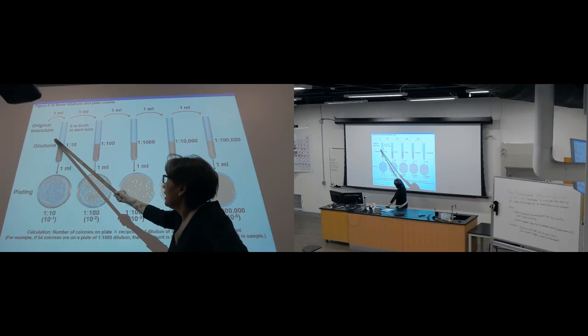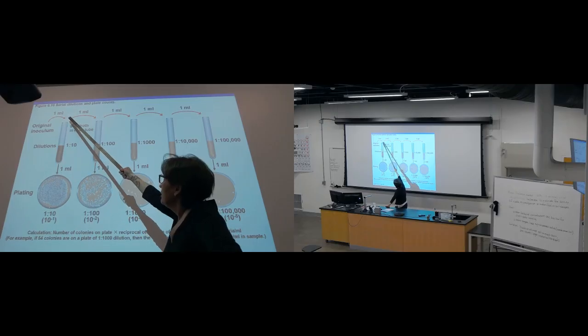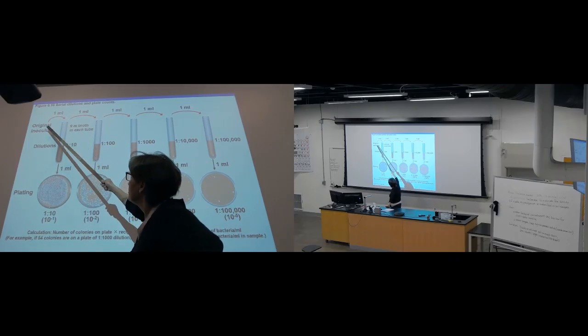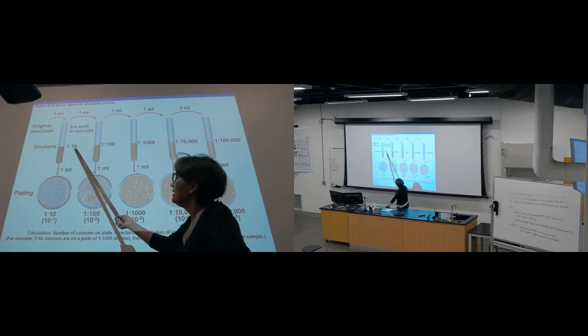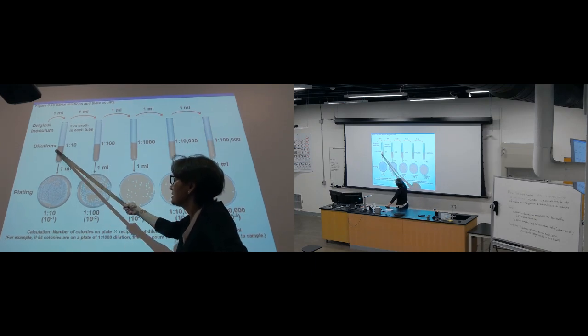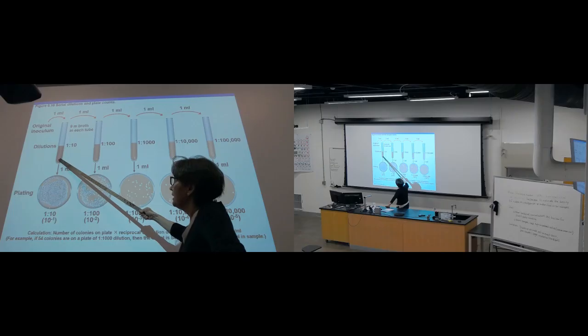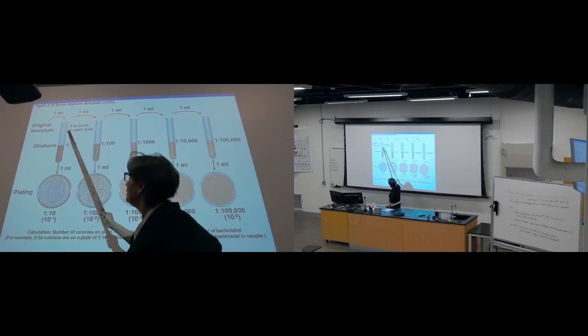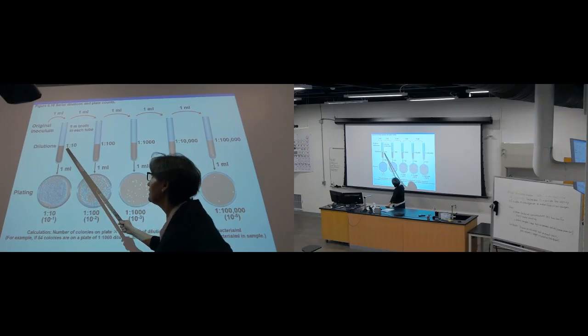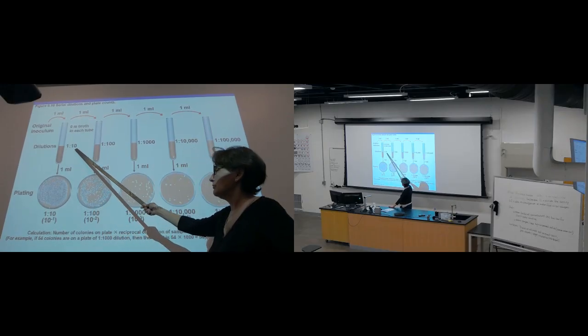After you have transferred 1 milliliter of your original inoculum into 9 milliliters of broth, you have a total of 10 milliliters in this tube. Since you have added 1 milliliter into 9, and that total comes up to 10, you have what is called a 1:10 dilution.